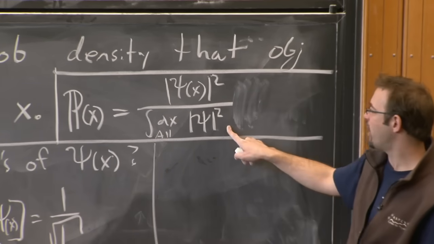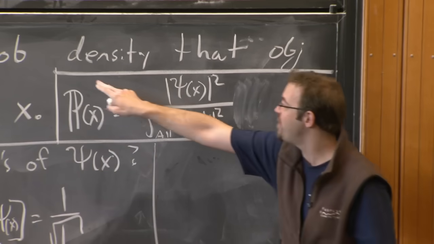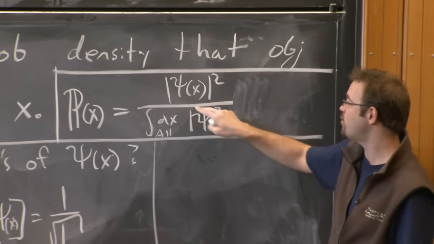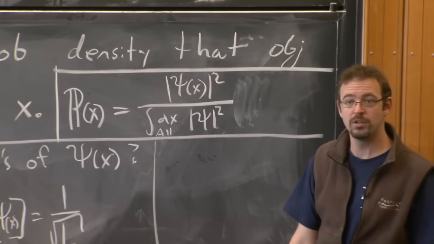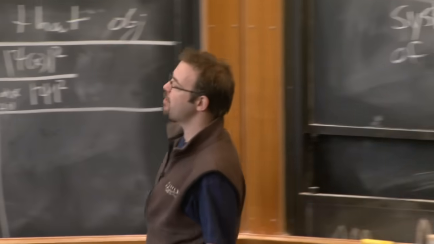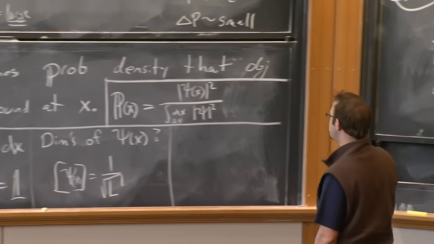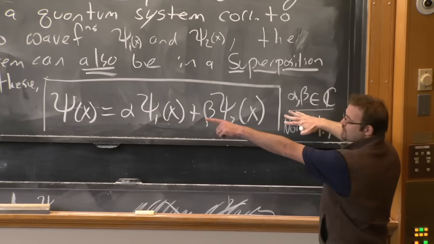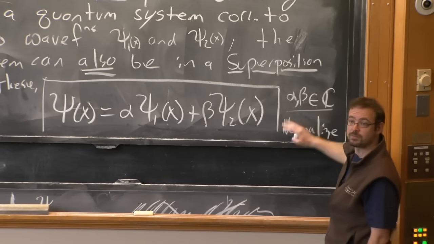But if we haven't properly normalized it, then this probability distribution is automatically properly normalized, because the denominator is a constant. When we integrate the top, that's equal to the bottom. It integrates to 1. Cool? So I prefer, personally, in thinking about this for the first pass, to just require that we always be careful to choose some normalization. That won't always be easy. And so sometimes it's useful to forget about normalizing and just define the probability distribution that way. Is that cool?